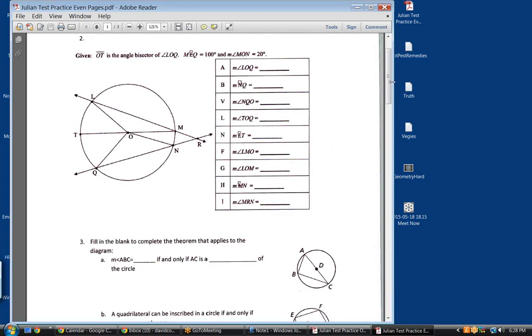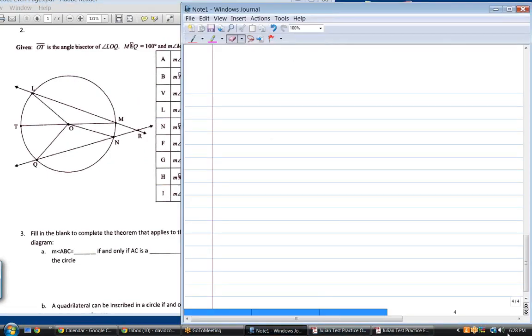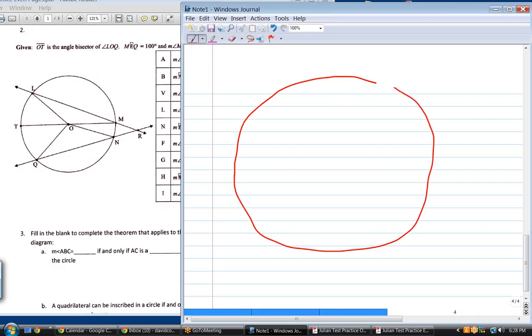Well, let's do another one. I don't know how else to do these. These are hard, but the only way to do them is to draw them, and I'm going to let you label them. Okay? So, make a bigger circle this time.